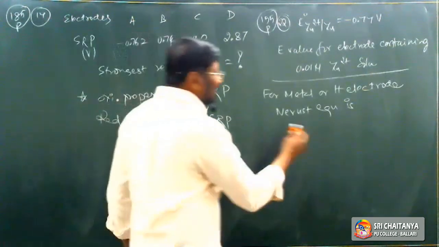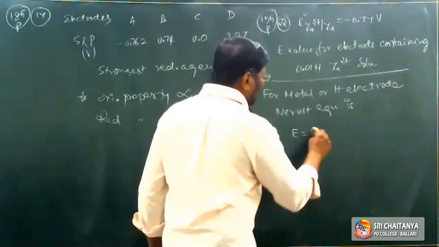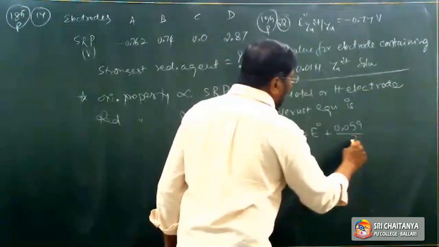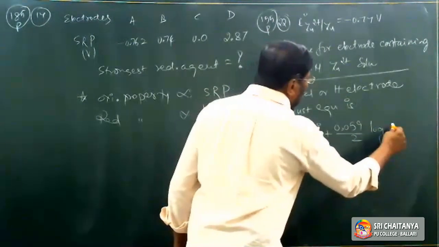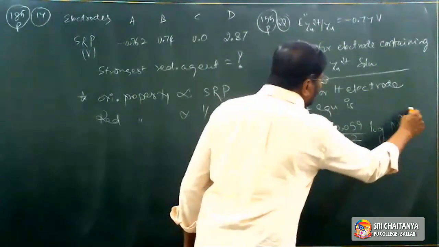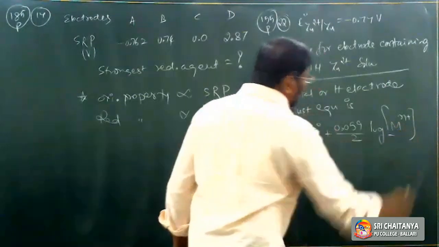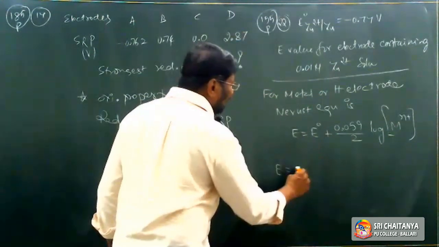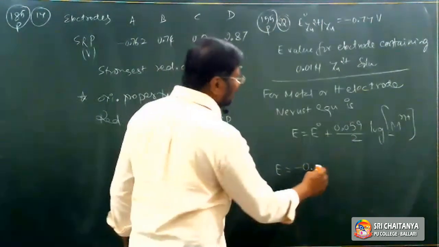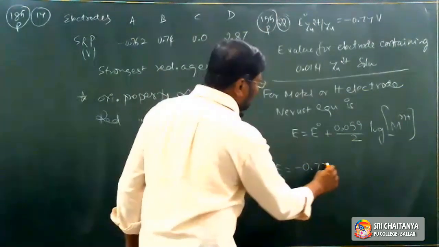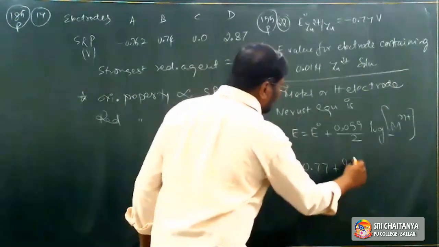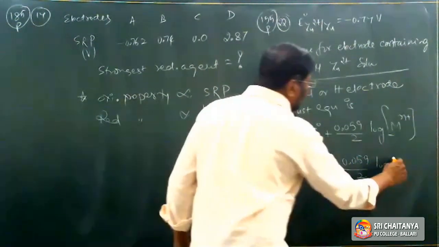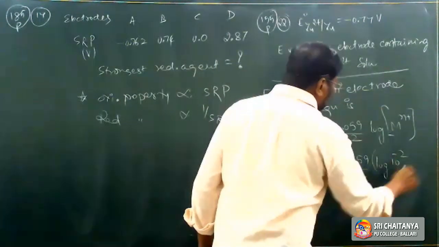We write E naught plus 0.059 by 2 log M n plus. Therefore, E equals E naught, minus 0.77, plus 0.059 by 2 log of 10 power minus 2.